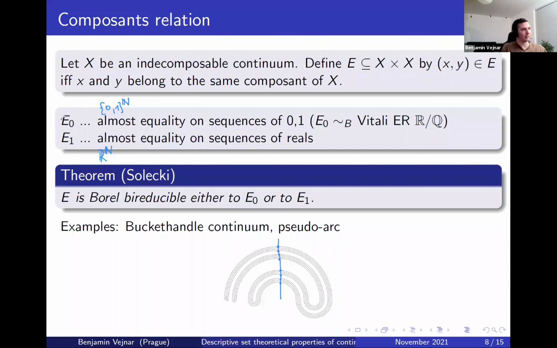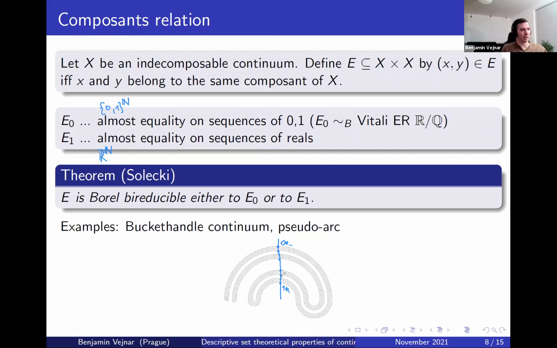But there is a small trouble because, for example, if you consider this Cantor set here, and this represents the point 0, and this represents the point 1, or the sequence of zeros, say, and this the sequence of ones, then of course these two are not E0 equivalent, but here they are in the same composant, so they should be equivalent.